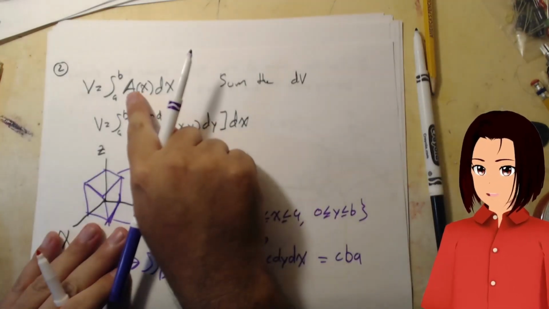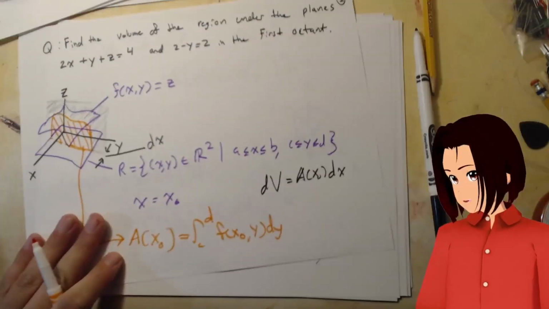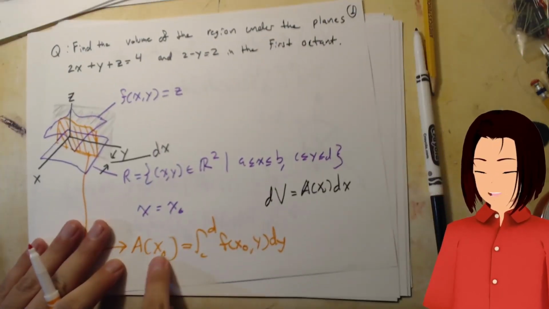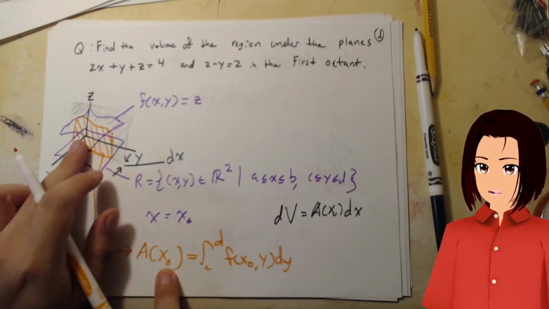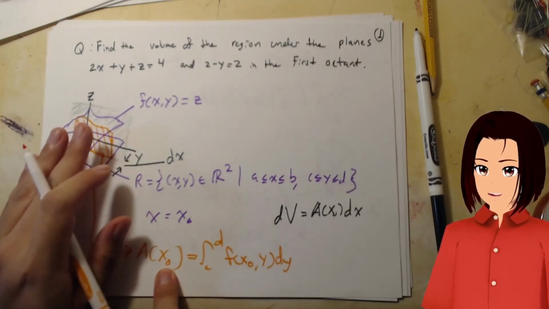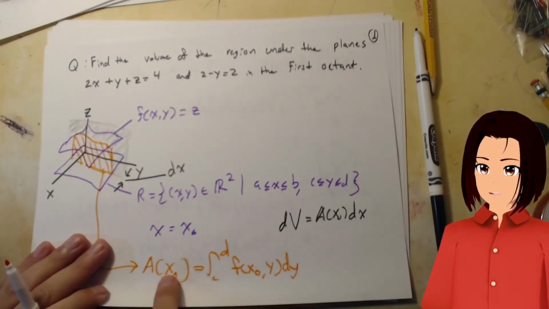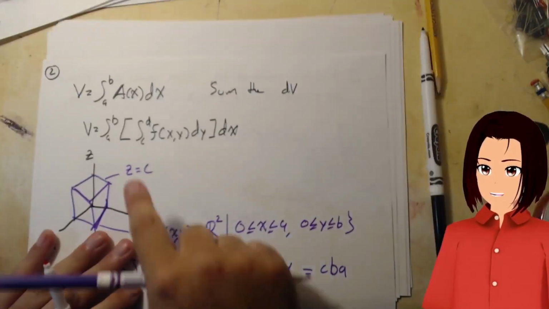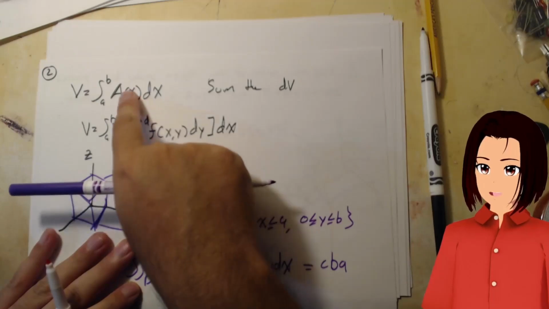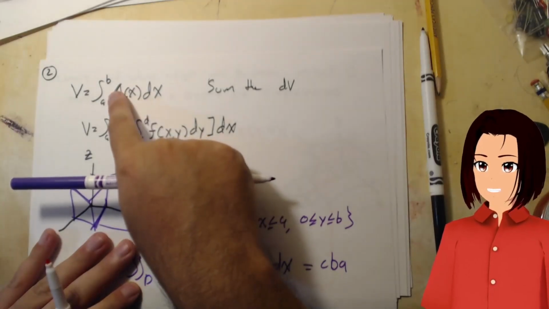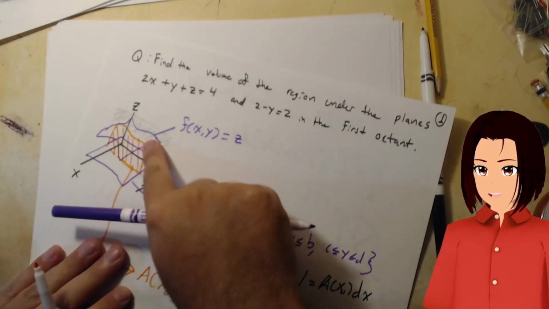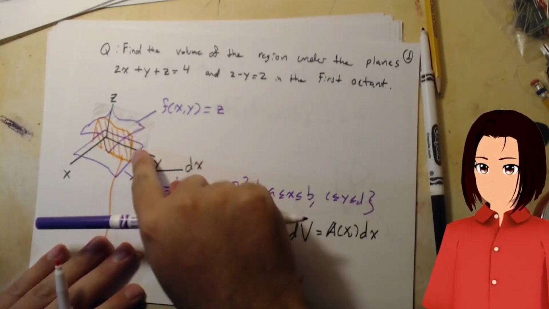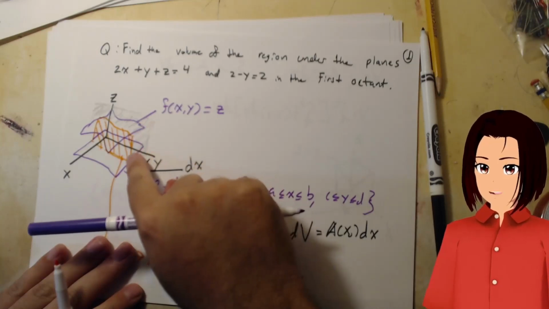And we have that A is from this right here. The x naught is just to show us that this is just one plane. But if we're integrating across x, we go from x naught to the variable x. So we have this plane, and the plane changes because this f function is not uniform.